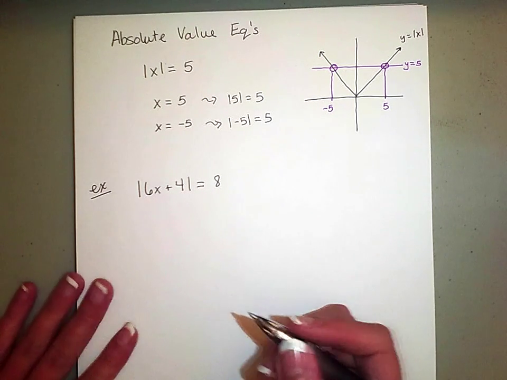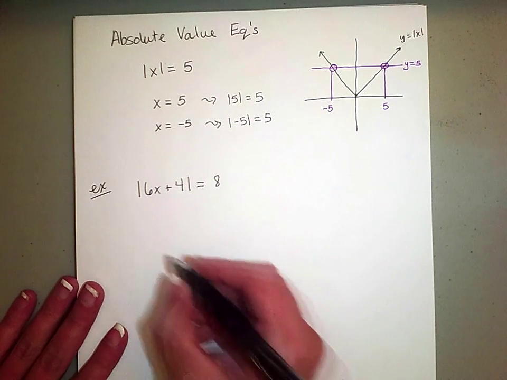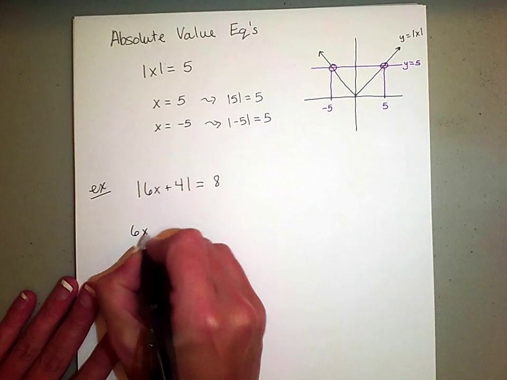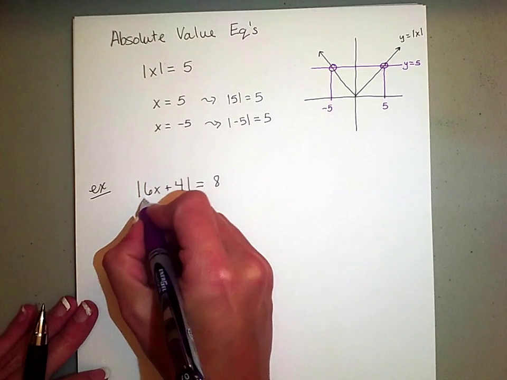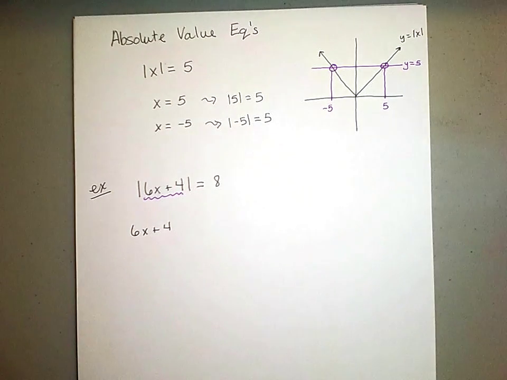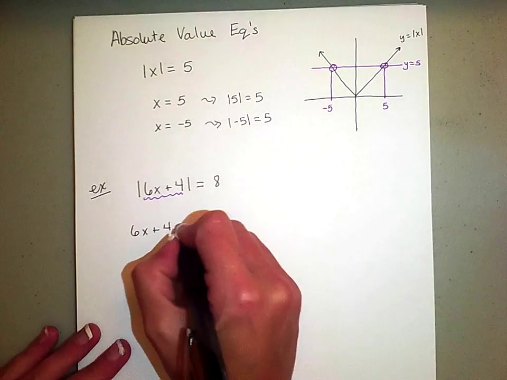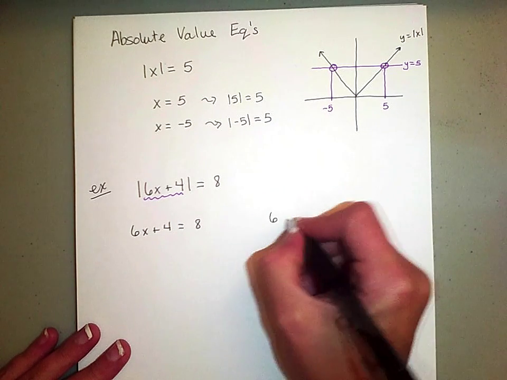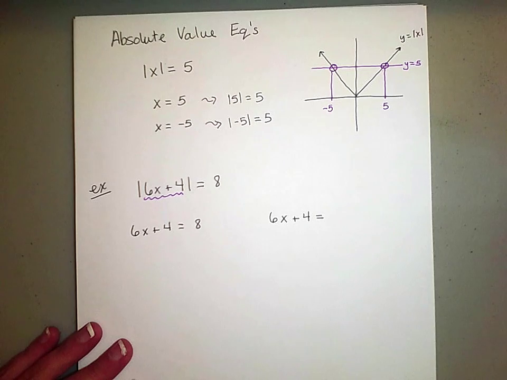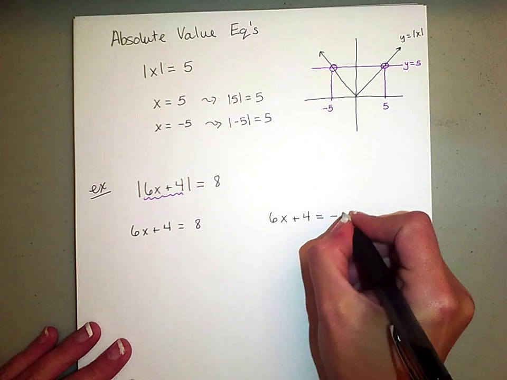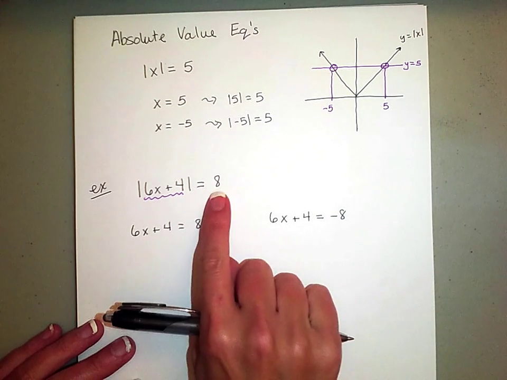And so the way we can do that is that it's either that what's inside of our absolute value, in this case the 6x plus 4, is equal to 8, or we get a second solution when what's inside the absolute value is equal to the opposite here.